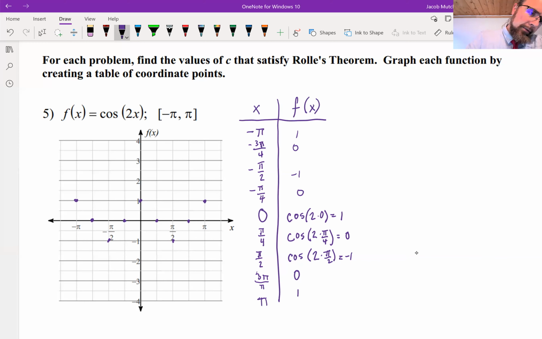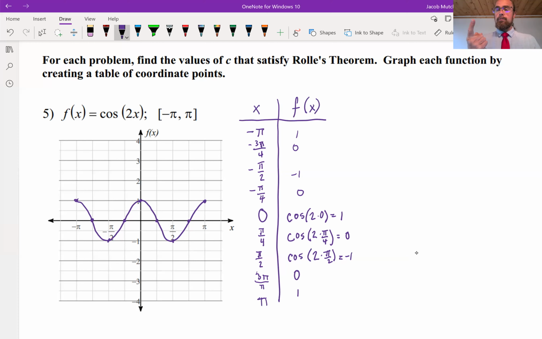So again, we're not going to plot the whole function, just across the domain of negative pi to positive pi. And we get what looks to be a curved W shape.